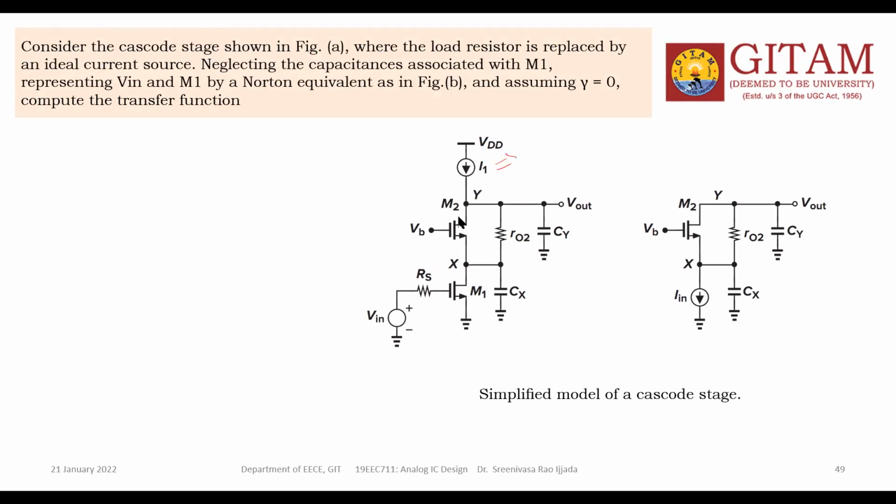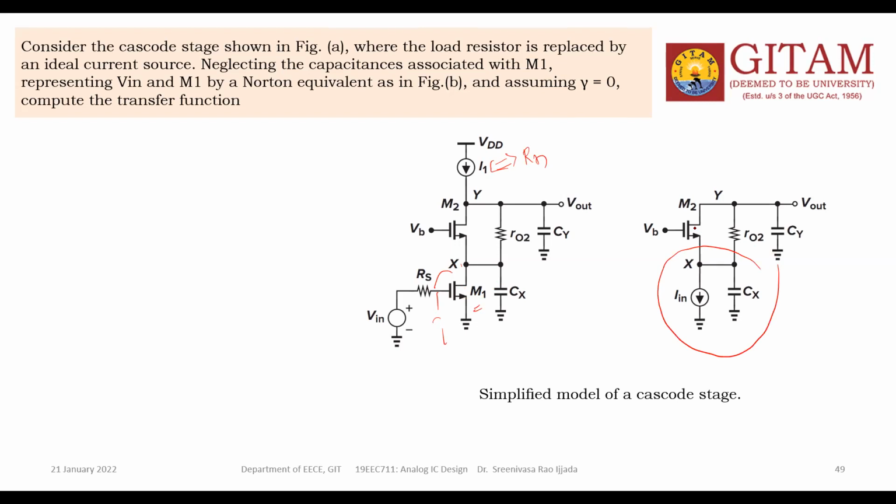In place of RD, I replaced an ideal current source, neglecting the capacitance associated with M1. All the capacitances we had taken earlier are neglected. Now apply the Norton theorem to the input Vin and M1, and you can get this.